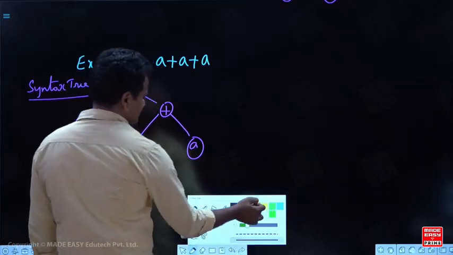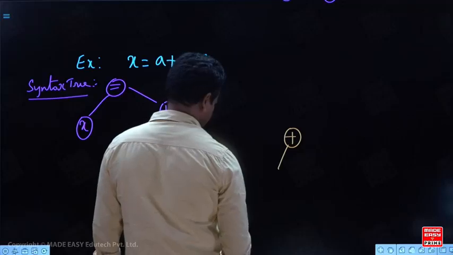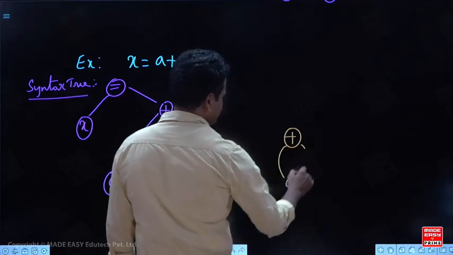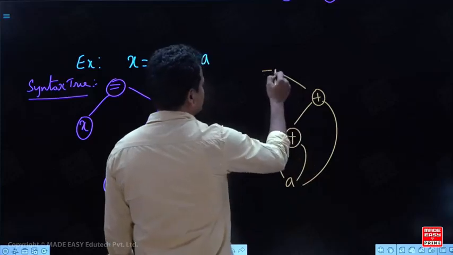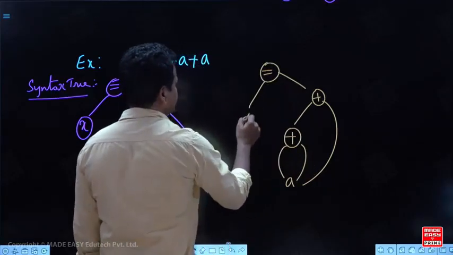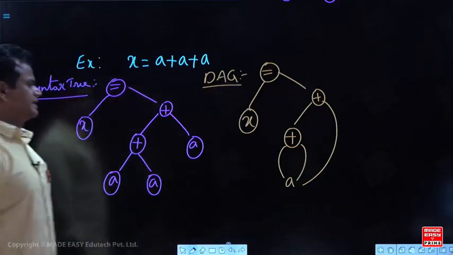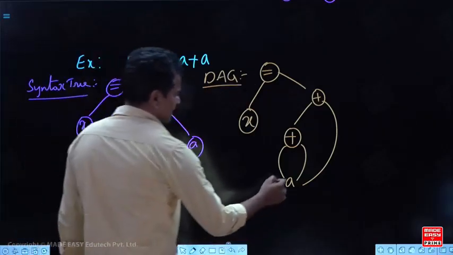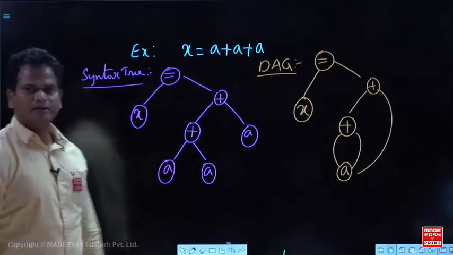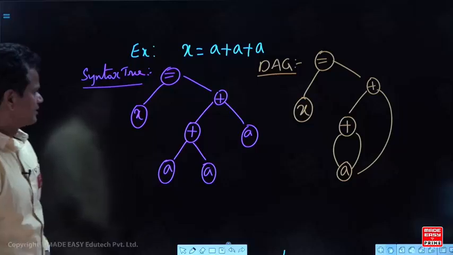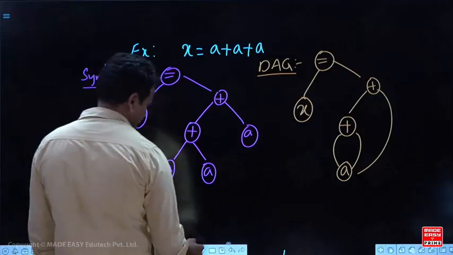Now what is the DAG for this? a plus a, again one more plus a, then this is equal to x. So this is the DAG. Got it? So DAG and abstract syntax tree. Any doubt? Okay, I'll go. These are simple concepts. The complicated ones we will go to slowly.